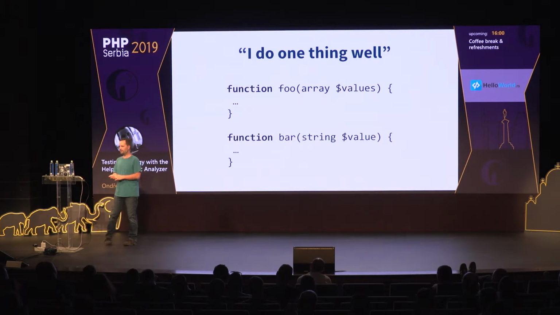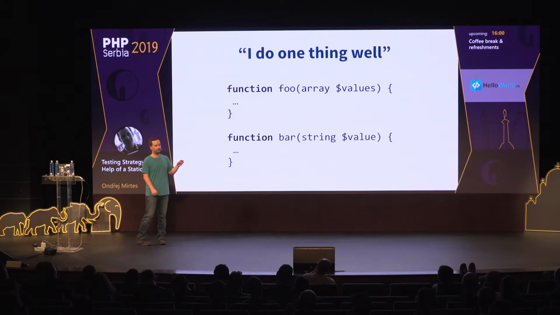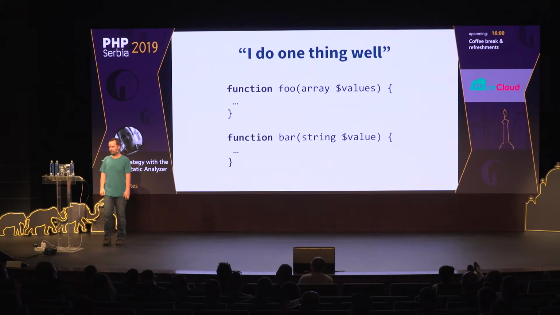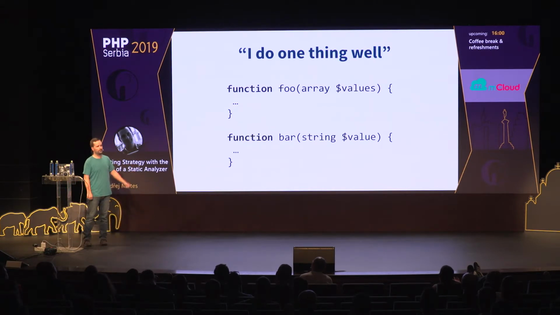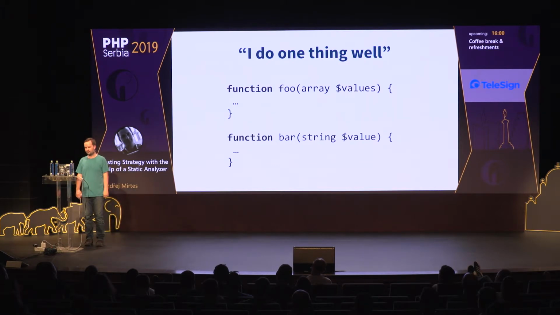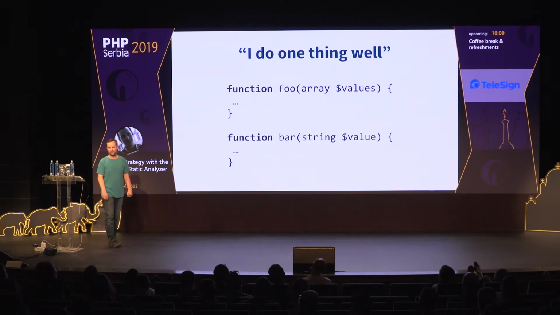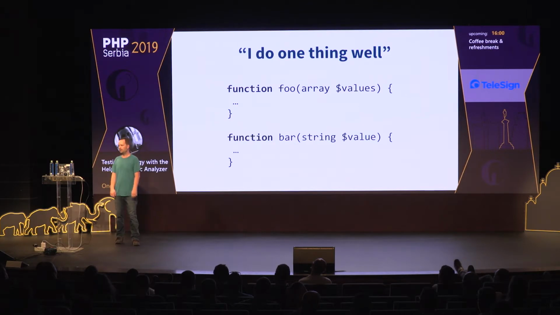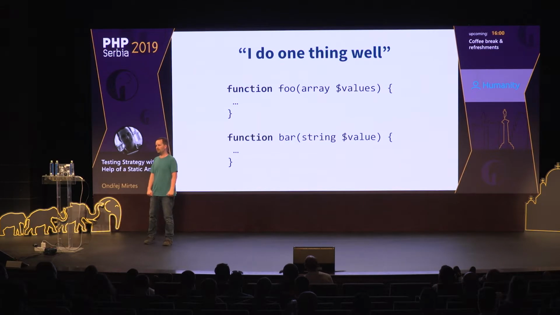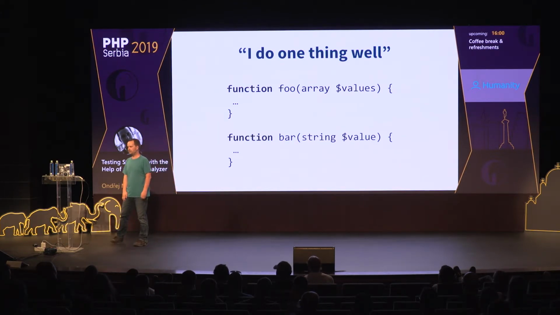So it's really possible that in one place of your code you have just strings, so you will call the bar function, and in the other place you have an array, so you will call the foo function. And they can call each other internally, but the important thing is that the endpoint is different, and you will have less branching logic. And you should also apply the same principle to return type hints. So a function that returns different types based on the input should be separated into multiple functions.